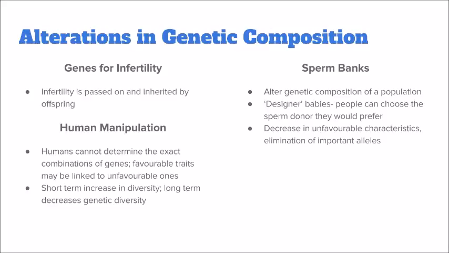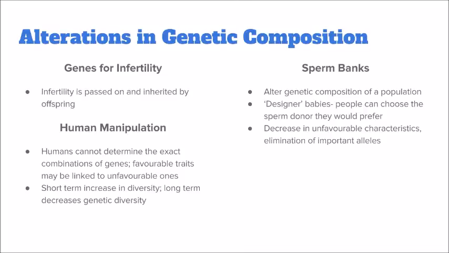Some disadvantages, I guess, is that in processes like IVF, where usually it's occurring because of some infertility that is in either the male or the female, this infertility is passed on and inherited by the offspring. Because humans are manipulating the genetics, we can't always determine the exact combination of genes that the organism is inheriting.